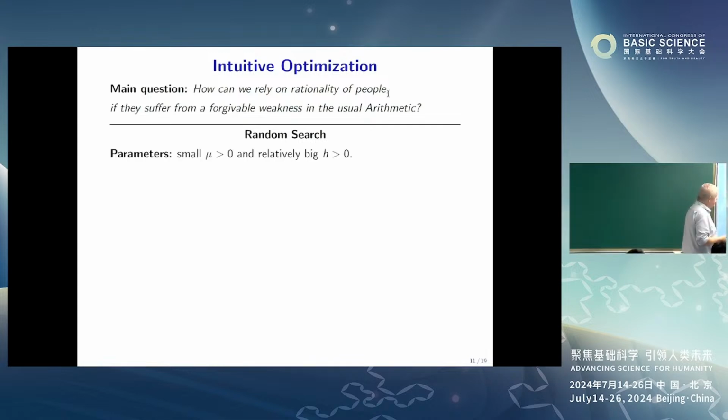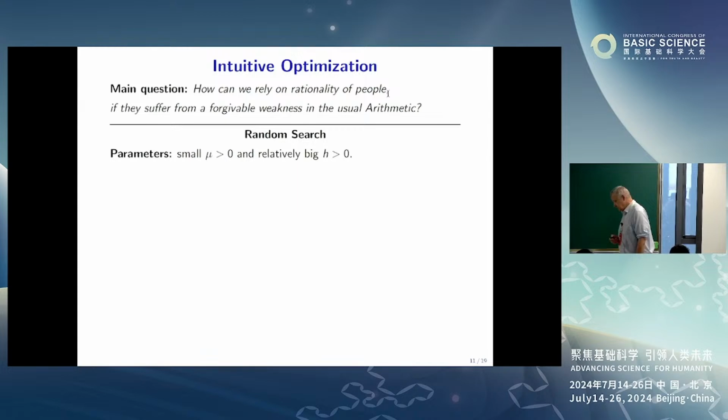In this random search again, it should be an optimization method, but we do not say what is the objective function. There are two parameters, which may be infinite and a relatively big constant.